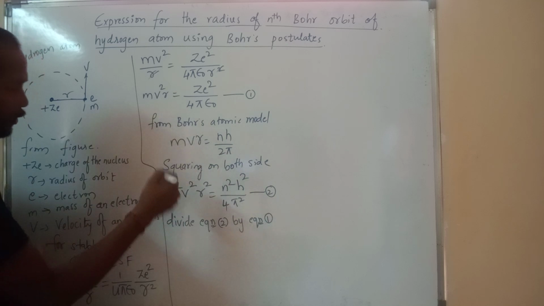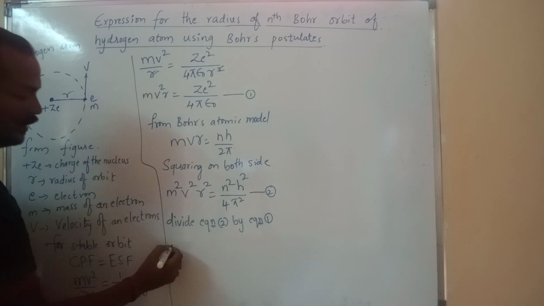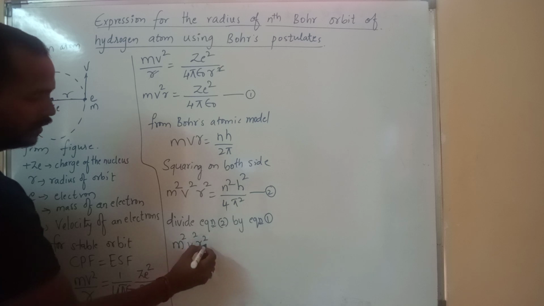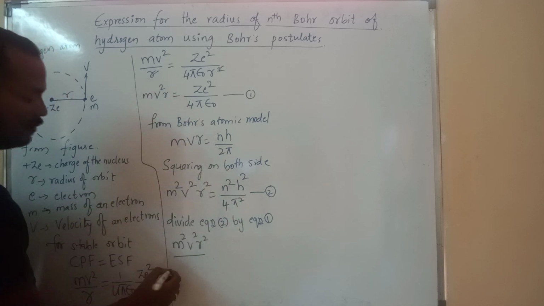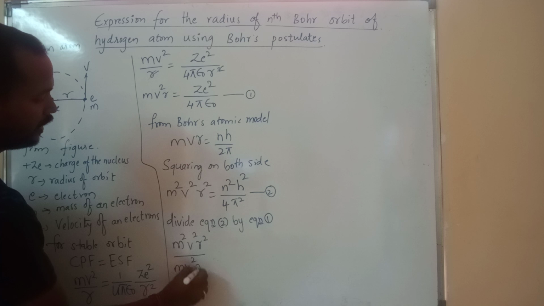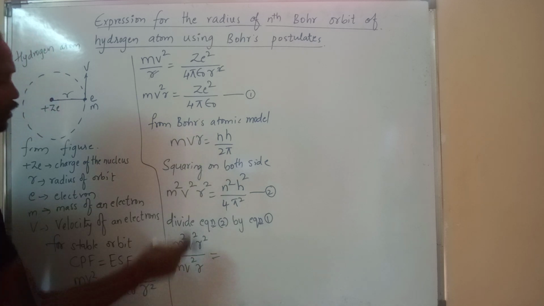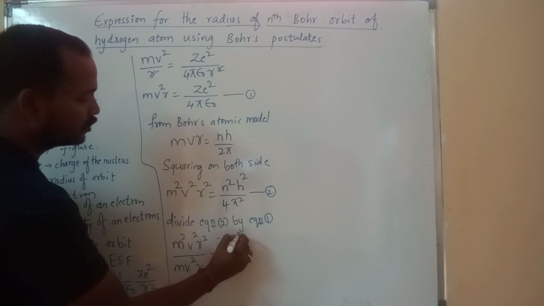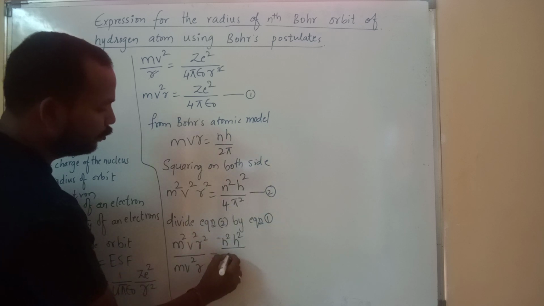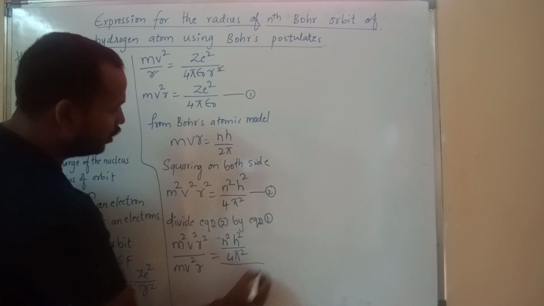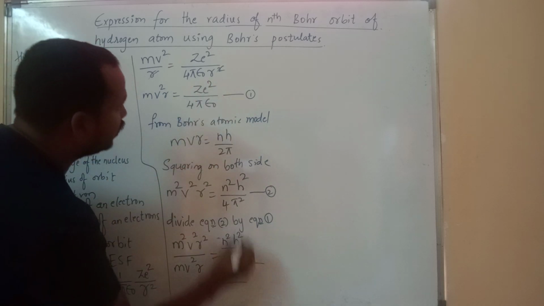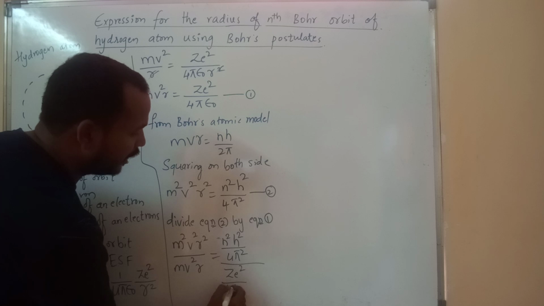That is, m square v square r square upon mv square r is equal to n square h square upon 4 pi square, whole divided by Ze square upon 4 pi epsilon naught.